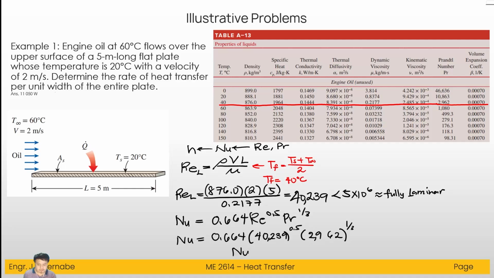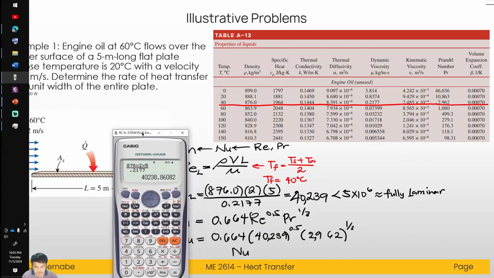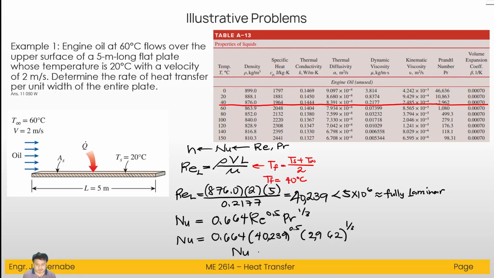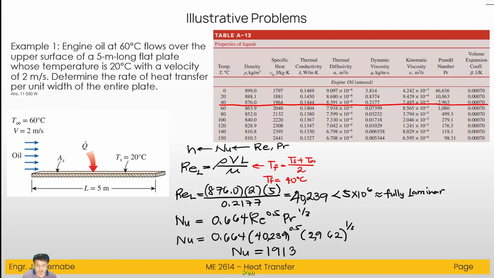So the Nusselt number is 1912. I'll just say this is 1913.